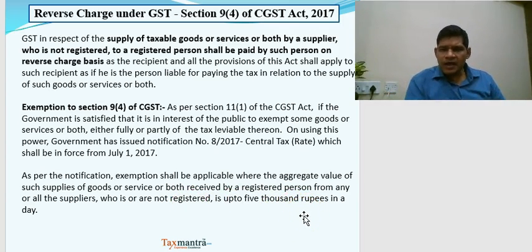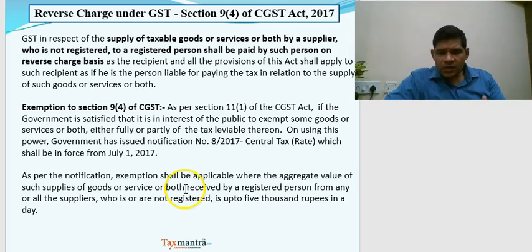So for example, I purchase stationery from a local vendor for 4,500 rupees, then I do not have to pay reverse charge on that. But if I pay 5,200 rupees, then I have to pay GST on reverse charge on the full amount of 5,200.